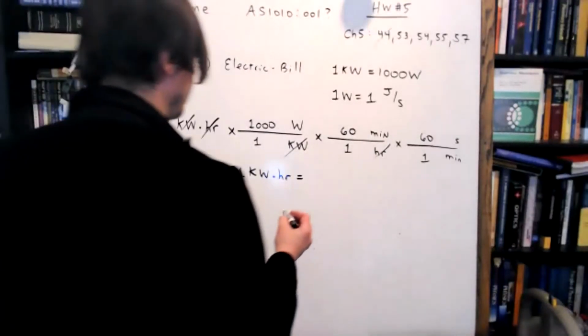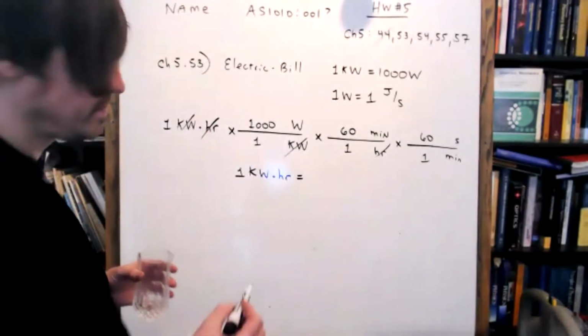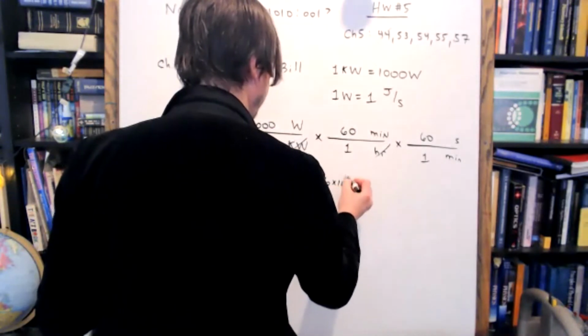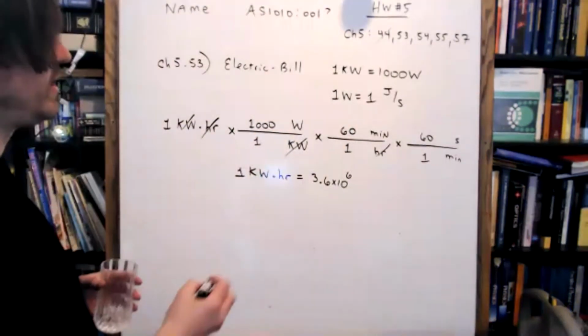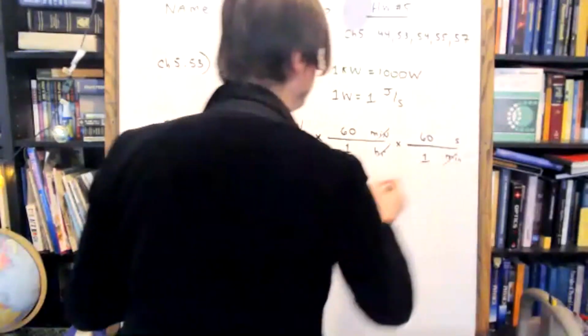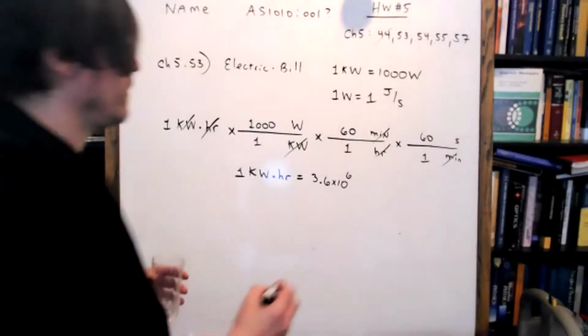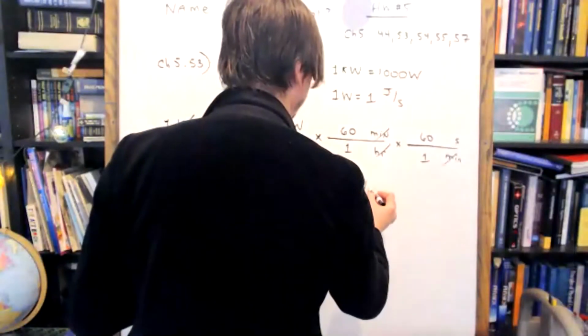Put it in scientific notation. Sure, that should have been done. 3.6 times 10 to the 6th. Now, let's look at our units here. What are the units that we currently have? Watt seconds. But we were supposed to convert to joules.